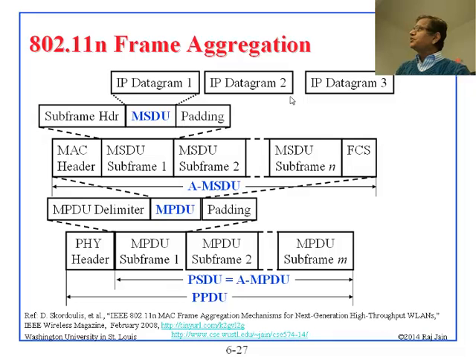Now this whole AMSDU becomes one PDU, but if you want to put many of these PDUs in the frame, now this is another thing, right? So you take this whole thing, put the delimiter and the padding, and this becomes part of this whole PPDU, right? So this is called aggregated MPDU, because generally a PPDU consists of a header and then a MPDU, a MAC protocol data unit. So we do have one MAC protocol data unit, but it has many protocol data units inside it.